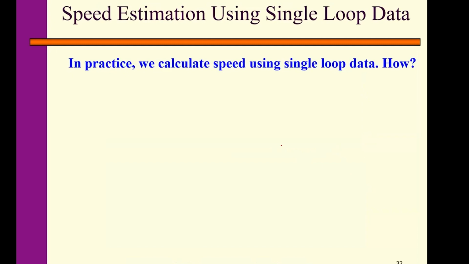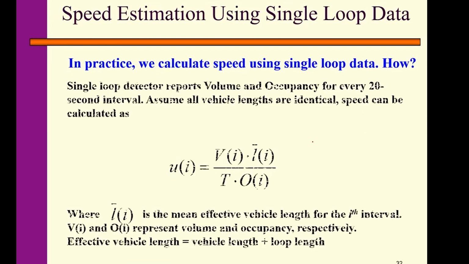So we have to estimate. One estimation we can conduct uses the G-factor equation. We use the volume and occupancy data, assume the vehicle length is identical, and estimate the vehicle speed. After we have the vehicle speed, we can estimate vehicle length.